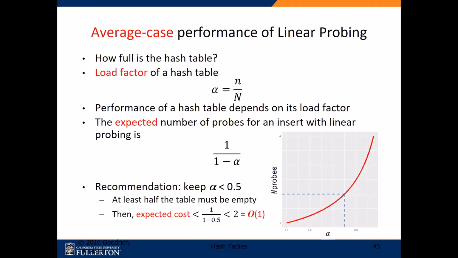So the recommendation is to keep the load factor small. For example, if I keep alpha to less than 0.5, that is, I make sure that my hash table is only half full, then the expected number of probes becomes 1 over 1 minus 0.5, which is less than 2, which is a constant. So this is a big improvement compared to the worst case cost of O of n.